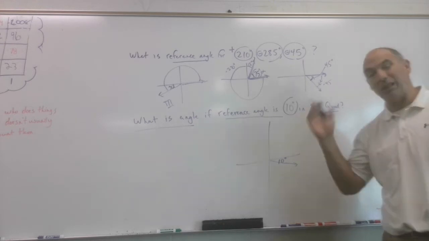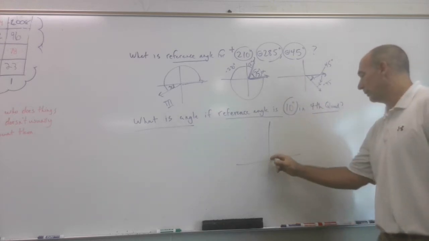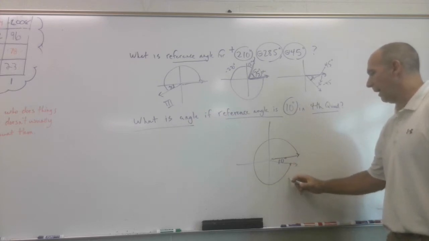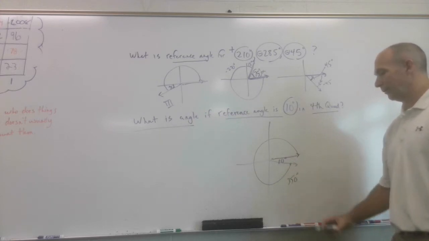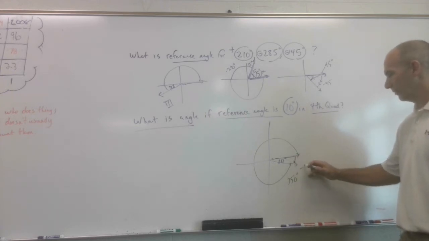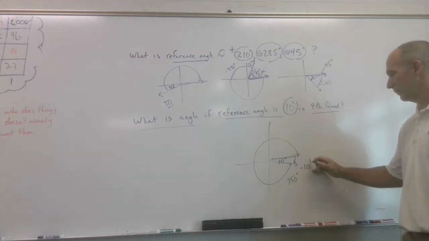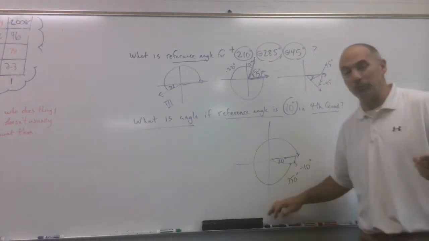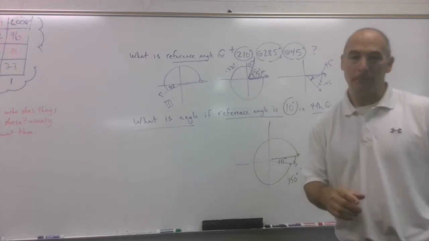Student number one, who's locked in positive world, is going to start here, go all the way around and go, aha, that's 350. You're not wrong. What about negative? That'd be just negative 10. So either one's correct. Just depends on what they ask for. Maybe they'll ask you for one positive, one negative.